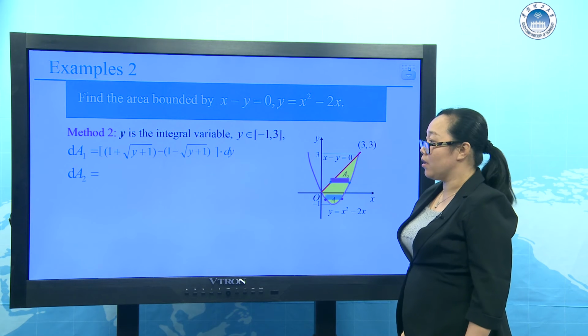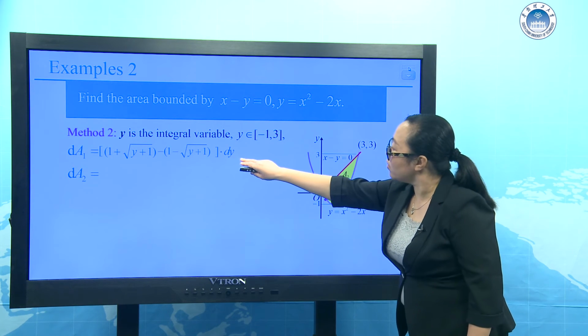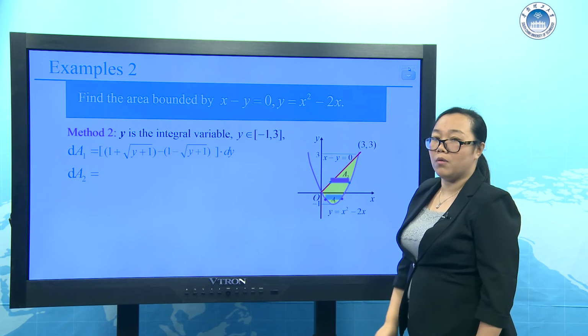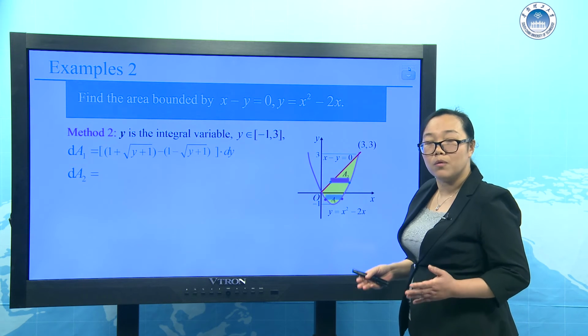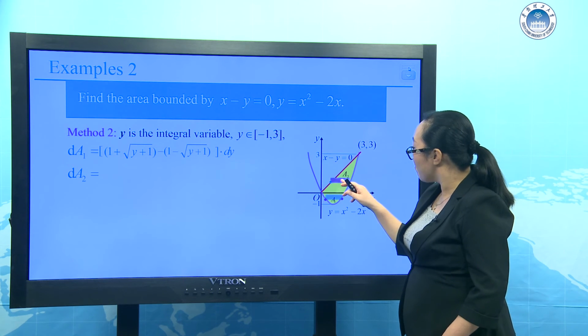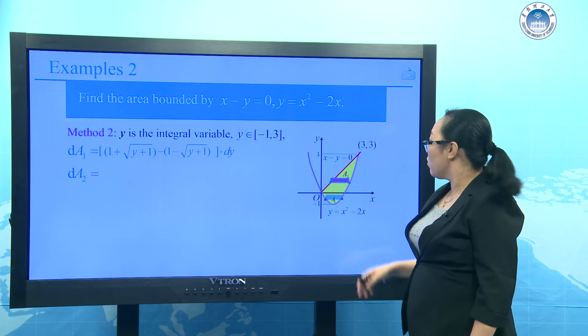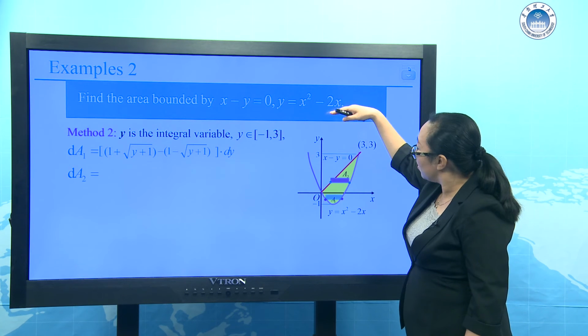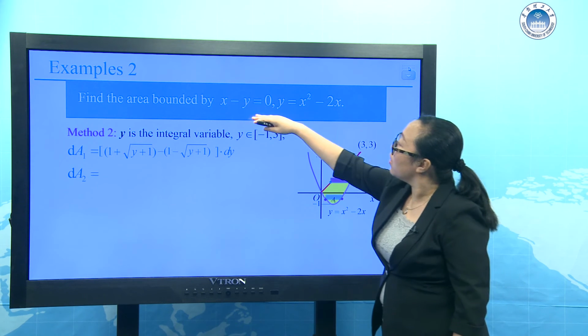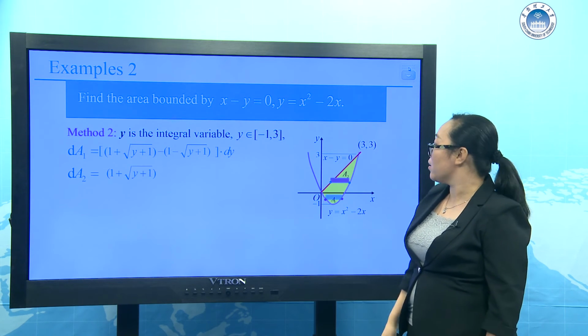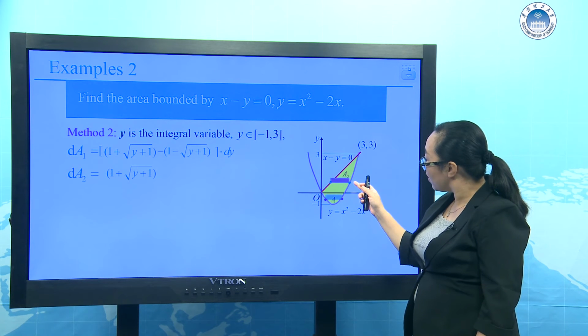How about dA2? In a similar way, pay attention that y is still our integral variable. How about the corresponding bottom? Right point minus left point. The right point is on this curve. The left point is on this equation. So we can get the right point. How about x?